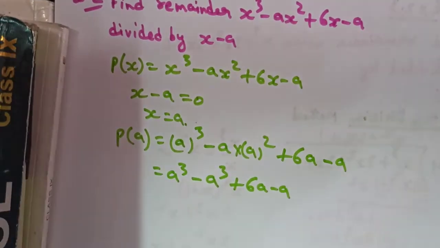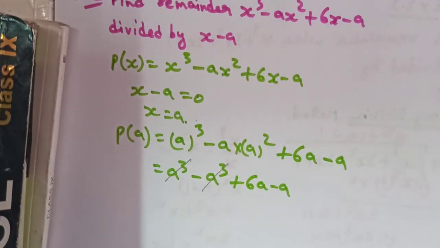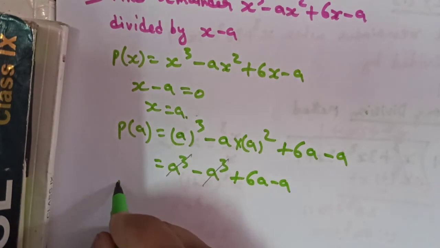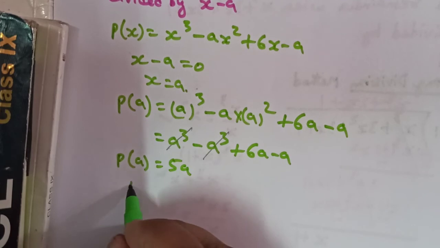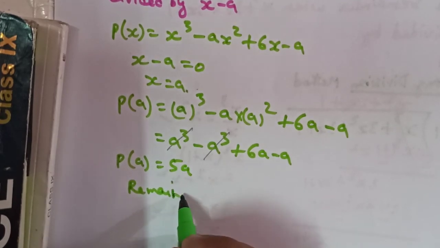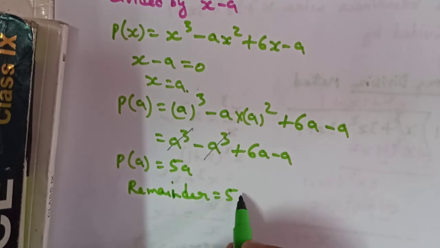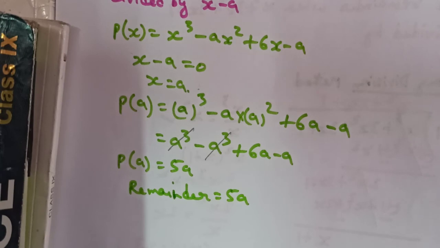So simply we can see here plus a cube and minus a cube will cancel out, 6a minus a. So we have got the value of p(a) equals 5a. That means the remainder of the given polynomial is 5a.